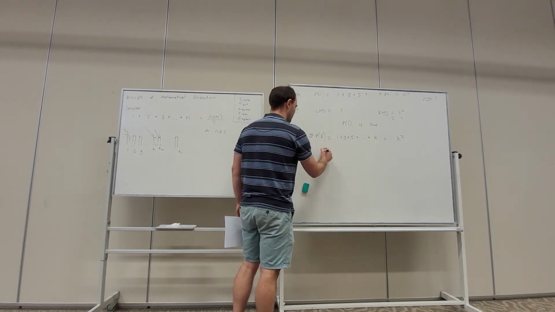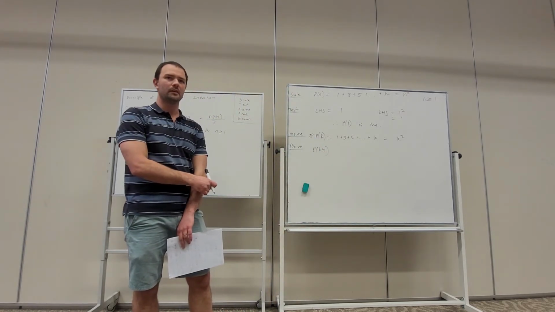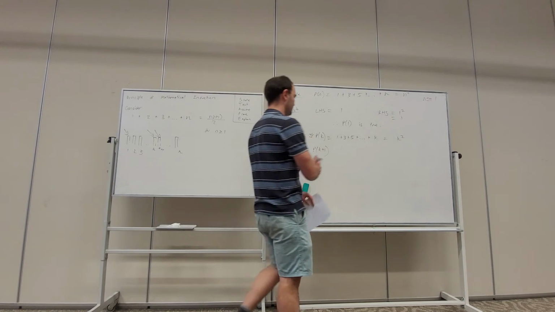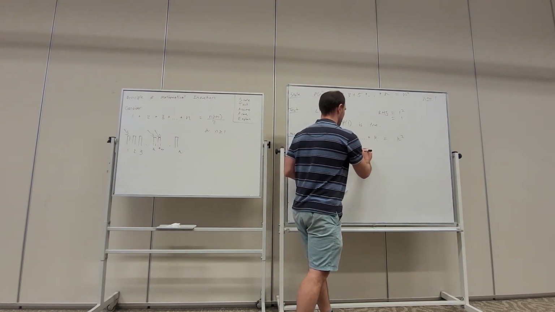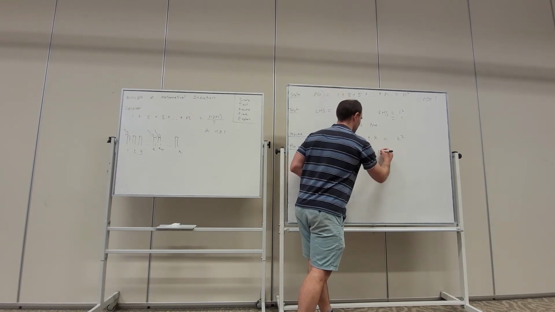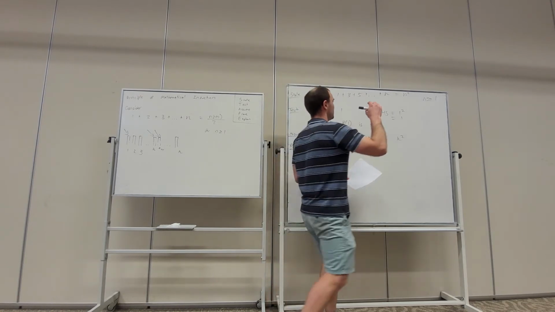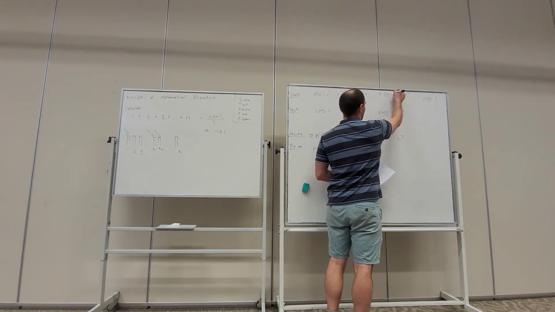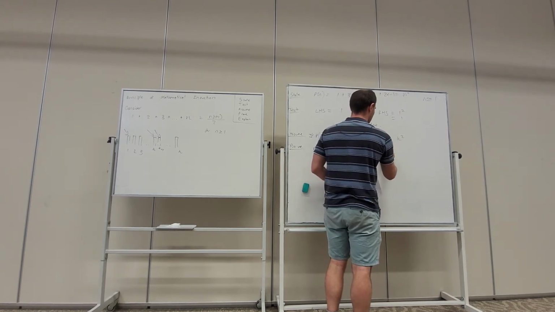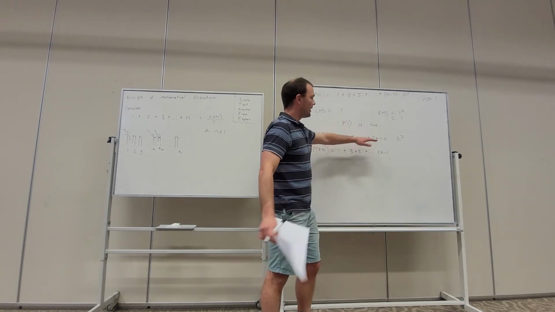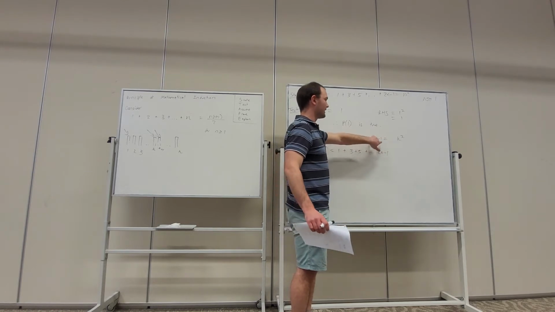P of k plus 1. Okay, so if we're doing all of the odd terms, we're going to have 1 plus 3 plus 5 plus up to the kth term. Now, sorry, this is supposed to be 2n take 1, and so that means this is 2k take 1, and this is 2k take 1. Let me explain why that's the case. 2k take 1, we're saying for any value of k, that's the kth odd term.